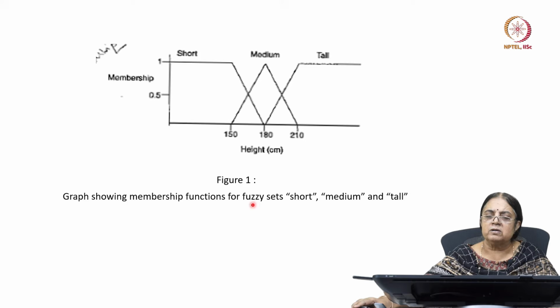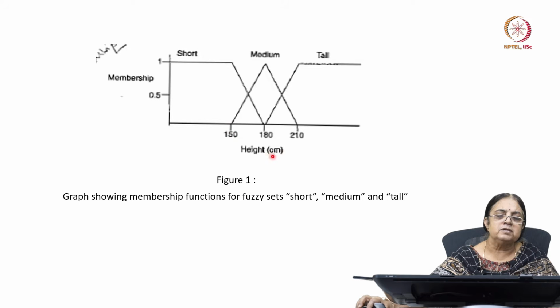Here is the membership function for short, medium and tall. The height is in centimeters, and a person up to 150 centimeters has a membership value of 1 to the set of short people, and from there till 180 centimeters it keeps decreasing. At 180 centimeters and above, the membership value is 0.